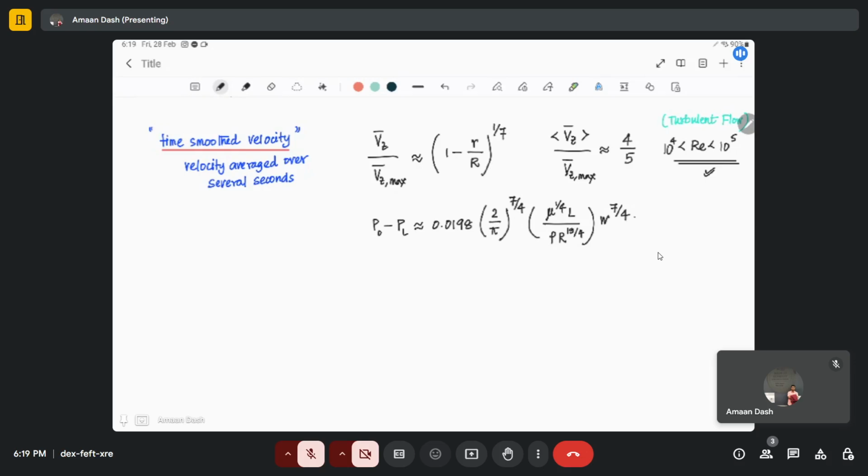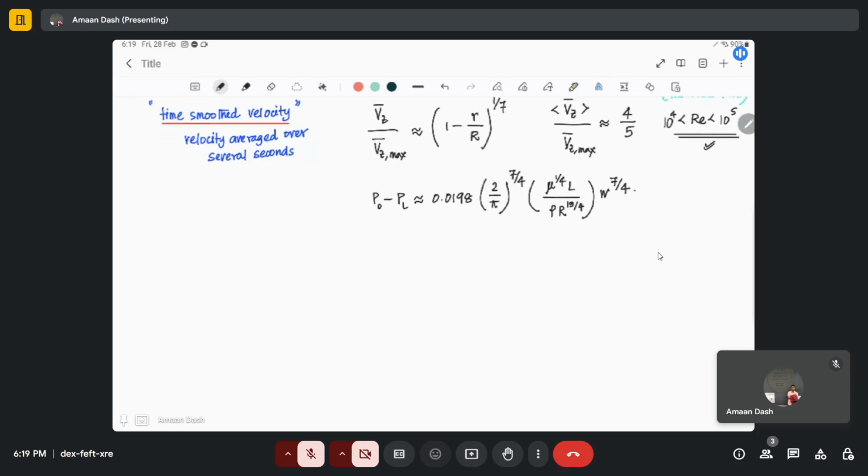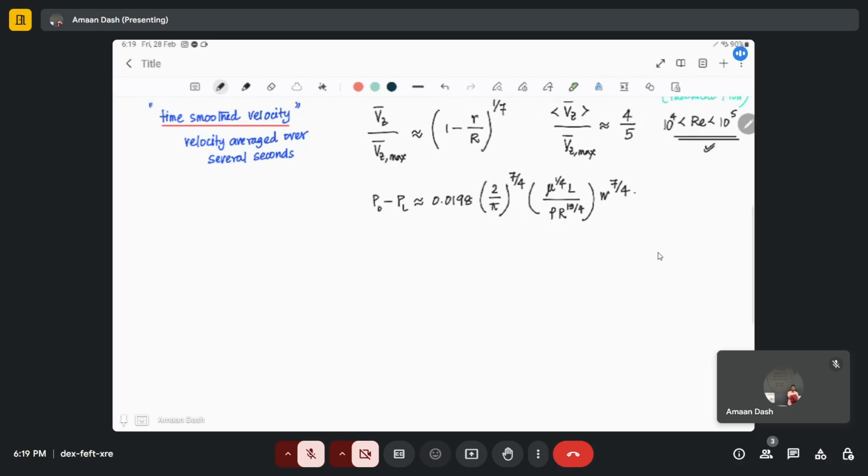Therefore we will have a stronger dependence of the pressure drop on the mass flow rate for turbulent flow. And as I said, the energy has to be supplied to maintain the eddy motion in the fluid. So that is the basic idea.